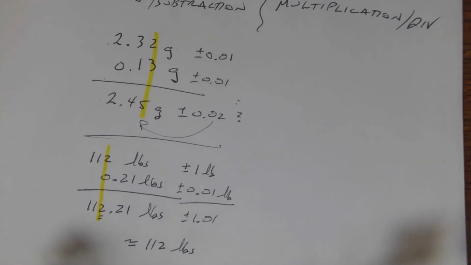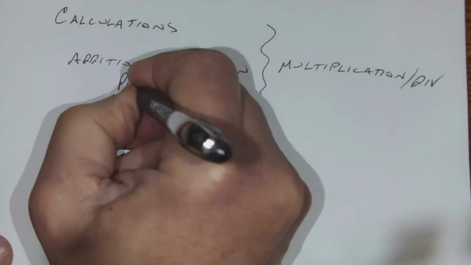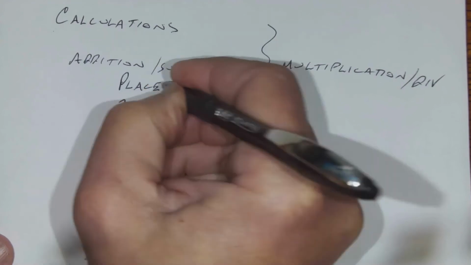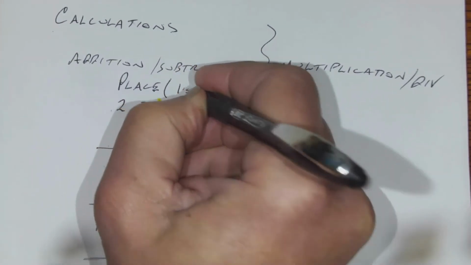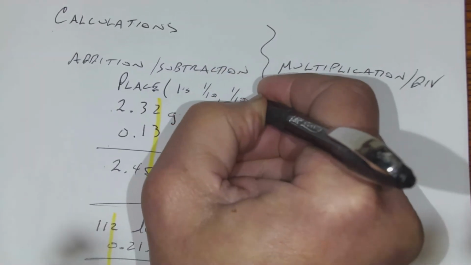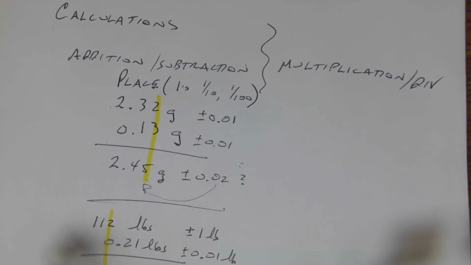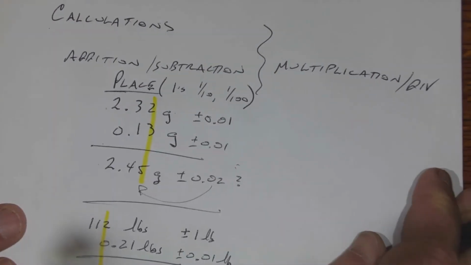So again, with addition and subtraction, the whole thing is about place. Right, and by place we mean the ones, or the tenths, or the hundredths place, whatever it might be, and whichever term in your calculation has the least precision dictates what the precision of the answer is.